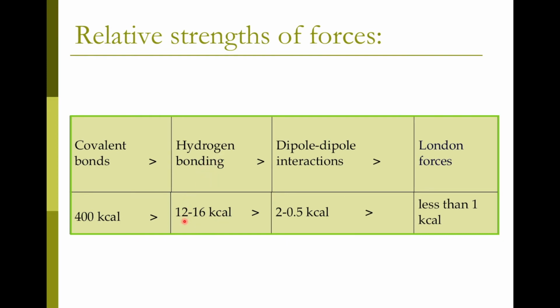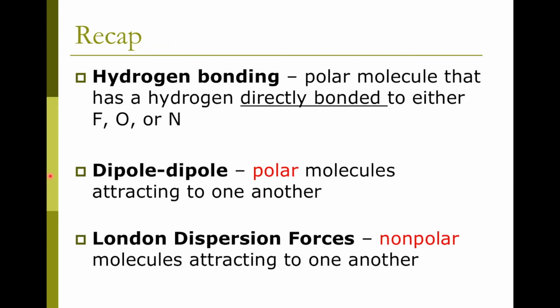They would be between 12 and 16 kilocalories. And then dipole-dipoles are a little bit weaker. And then London dispersion forces are much weaker. So again, this just gives you an idea of the scope of how attractive they are. Covalent bonds are still much stronger, and then ionic bonds are even stronger. London dispersion forces are very weak, but they do play a role.